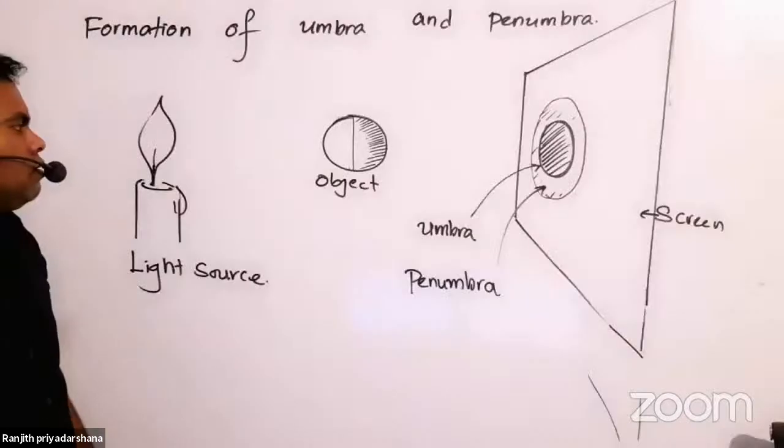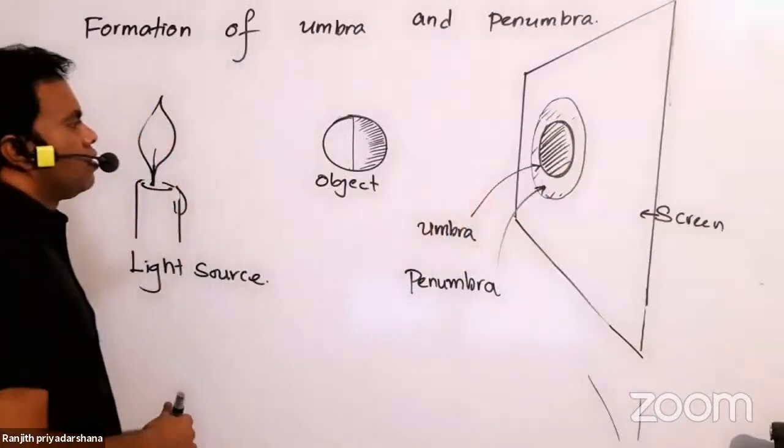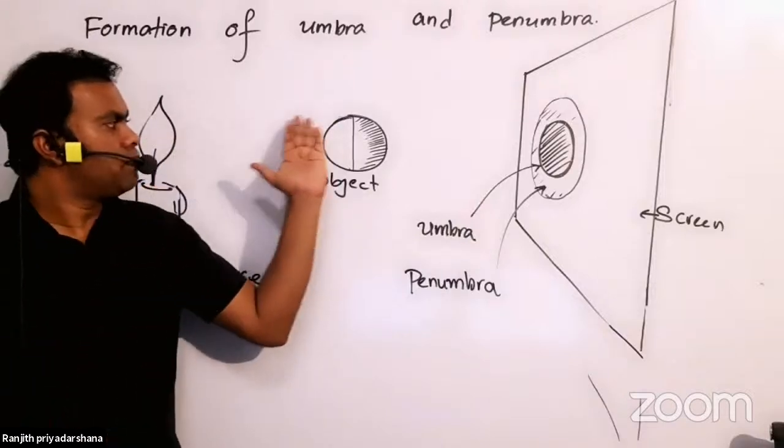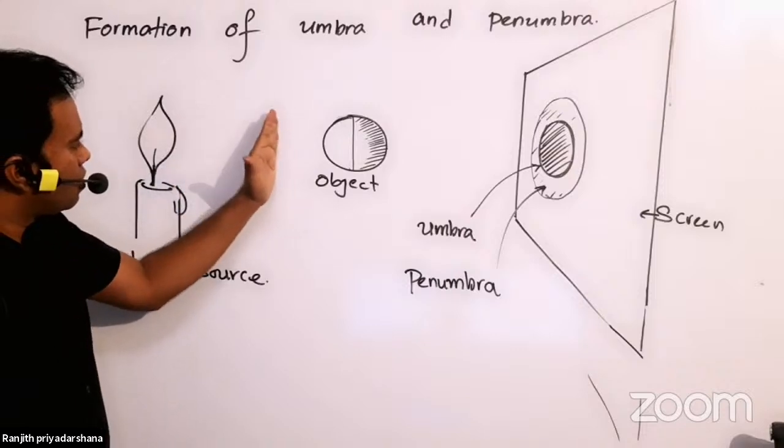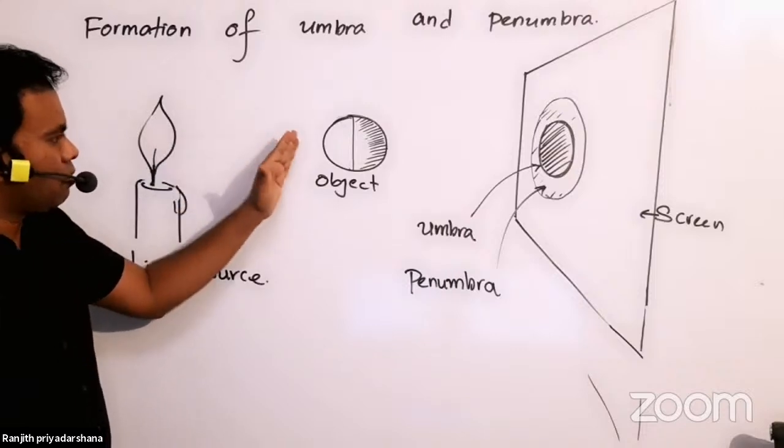I have finished, sir. Okay, good. A sharp umbra can be obtained by a sharp beam of light when the light source is somewhat away from the object.